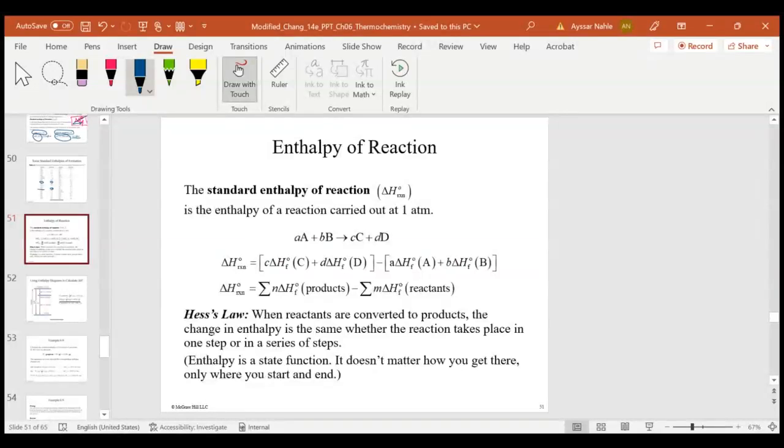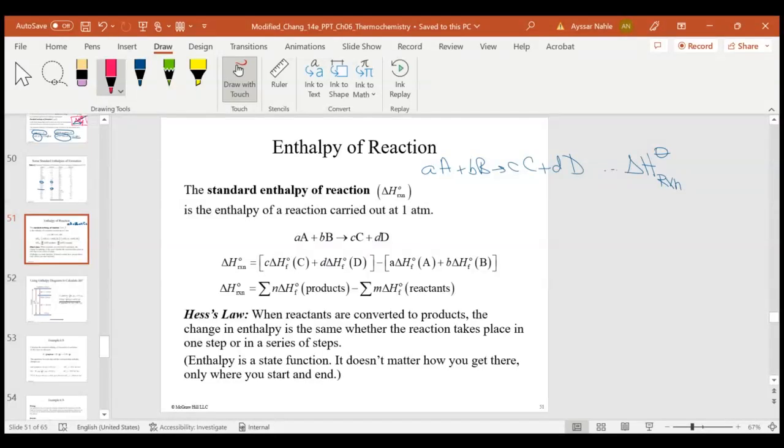Enthalpy of a reaction. If somebody gives me a certain reaction, aA plus bB giving me cC plus dD, and they're asking me about the delta H not of the reaction, what I can do here, you have to memorize this very easily.